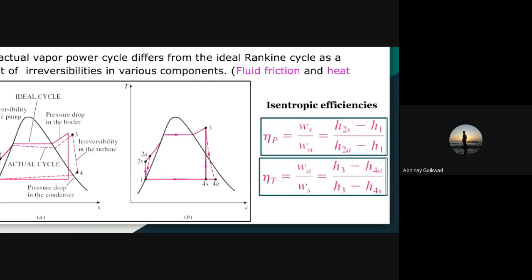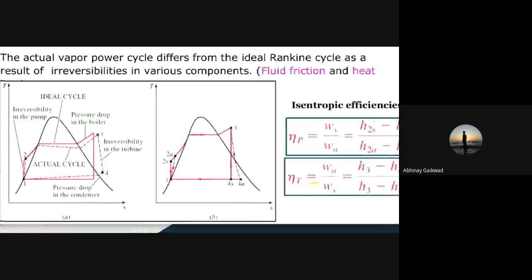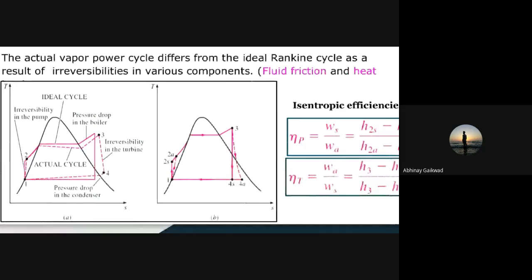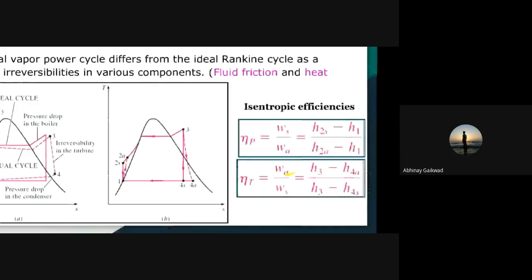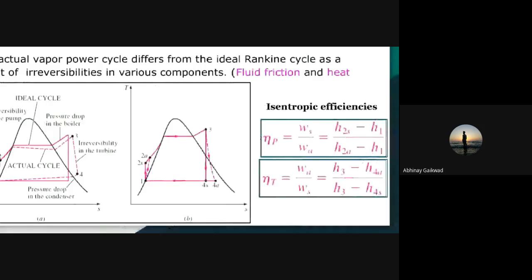So WS is the work input to the pump in the ideal case, and WA is the work input to the pump in the actual case. From the diagram, WS means H2S minus H1, divided by H2A minus H1.